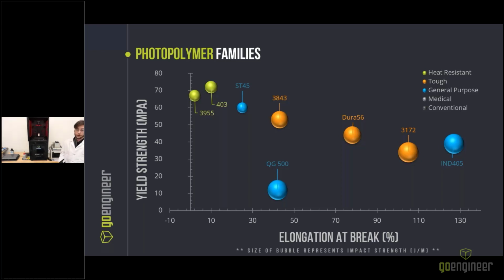This material is great for extremely high energy absorption applications where it will just get beaten up. Dura 56 is a lower cost alternative that also has a very, very high elongation at break, but quite a high stiffness. This enables it to be used in a large variety of applications, ranging from prototyping to end-use parts.